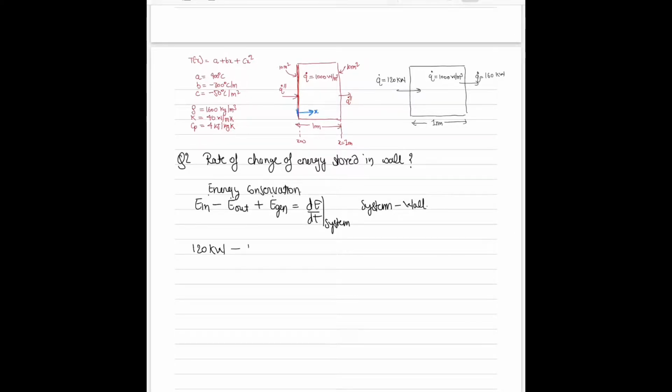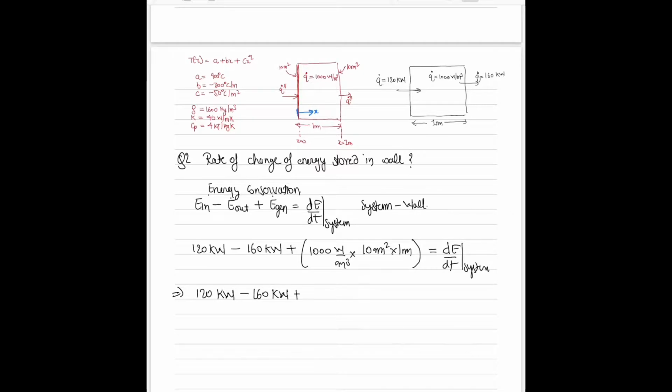So we can write our energy in as 120 kilowatt minus energy out as 160 kilowatt, and energy generation, that will be equal to 1000 watt per meter cube times the volume of the wall, that is 10 meter square, the area of the block, and 1 meter, the thickness of the block, that is equal to the change in energy of our system.